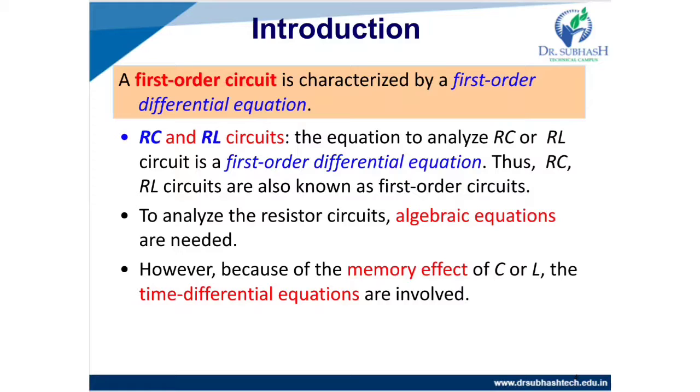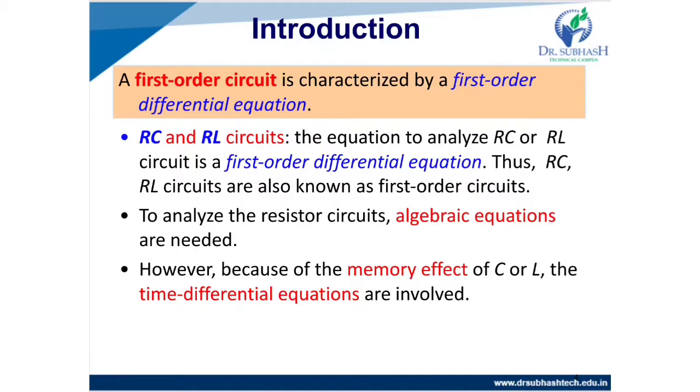A first order circuit is characterized by a first order differential equation. RC means resistor and capacitor, and RL means resistor and inductor. So the equation to analyze an RC or RL circuit is a first order differential equation, and RC and RL circuits are also known as first order circuits.